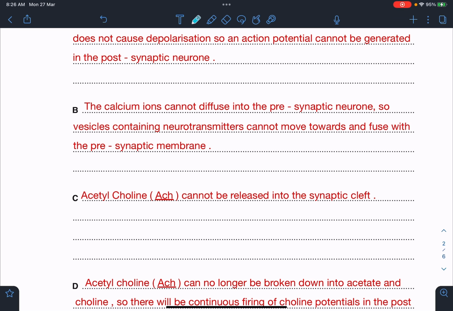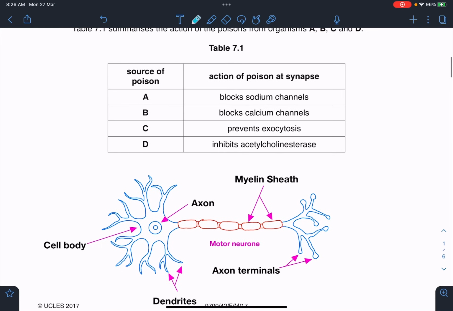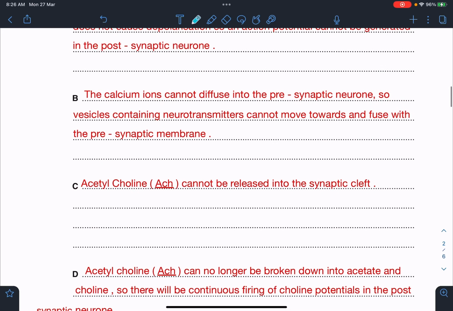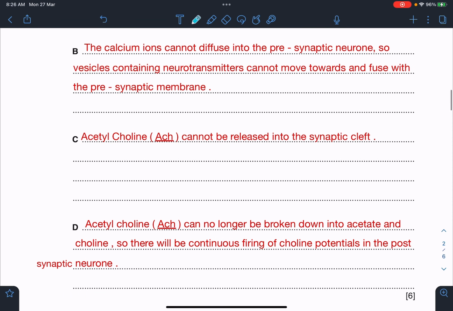If calcium ions cannot diffuse into the presynaptic neuron, the vesicles found in the presynaptic neuron, which contain neurotransmitters, cannot move towards and fuse with the presynaptic membrane. And organism C prevents exocytosis. If there's no exocytosis, acetylcholine cannot be released into the synaptic cleft.